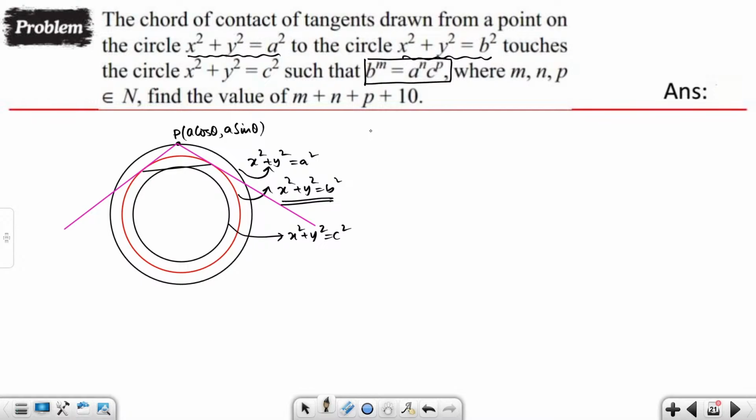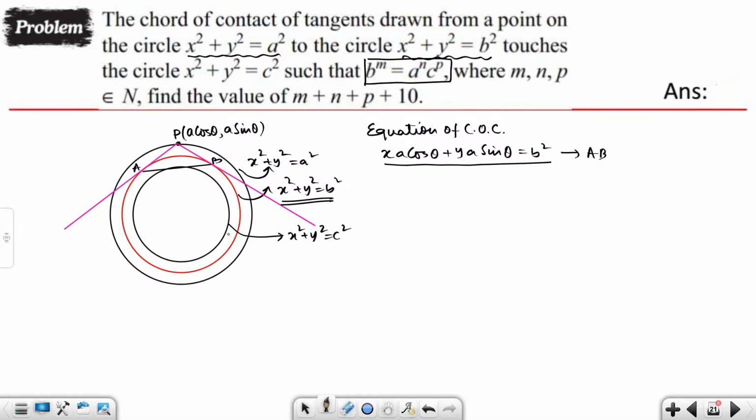Therefore the equation of the chord of contact is x x1 plus y y1 equals b square. So this is the equation of the chord of contact. Is it clear? Let me just give a name. Let us say this is A and this is B. Therefore, the equation of AB is this.